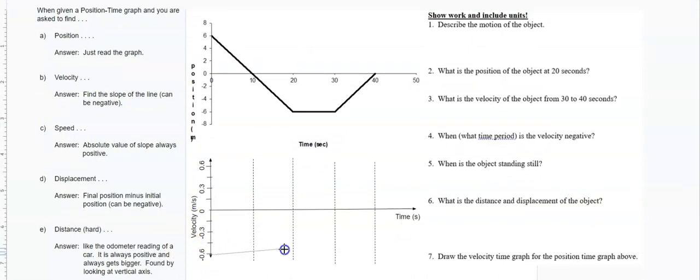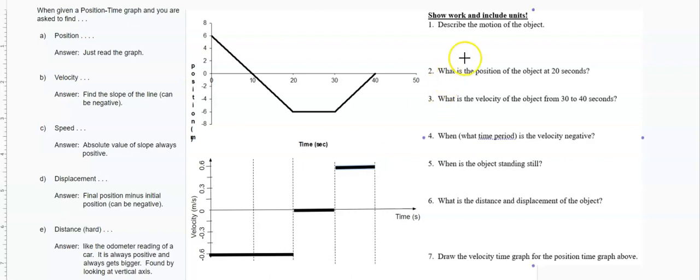And that's going to be for a full 20 seconds. And then it's 0 here. Let me make this darker first. And then 0 here for the slope. And then for this last one, it rises 6 in 10 seconds, so that's +0.6. So that's the velocity time graph.